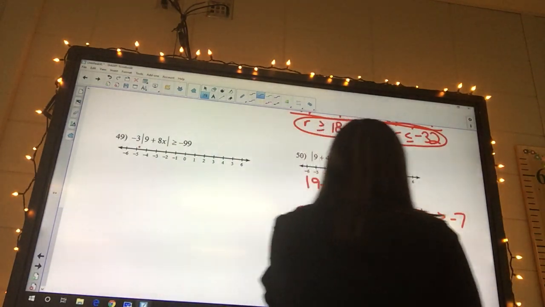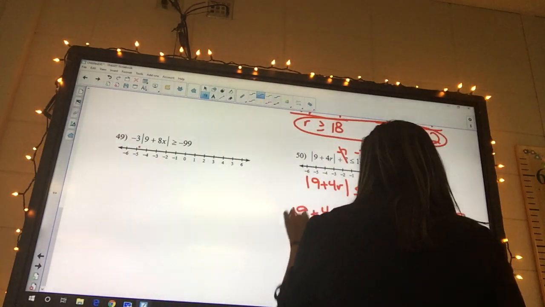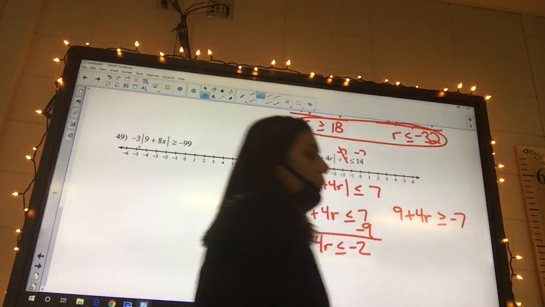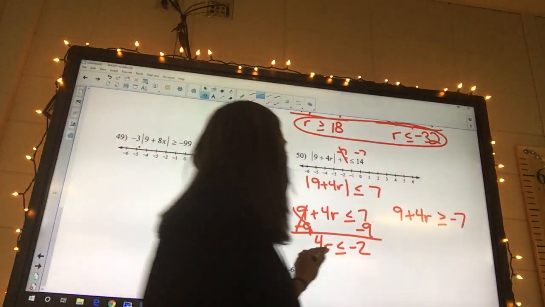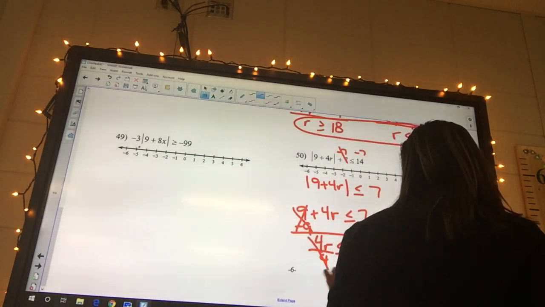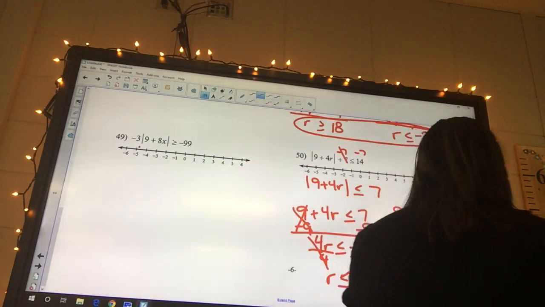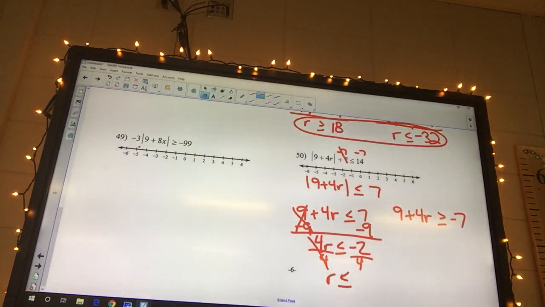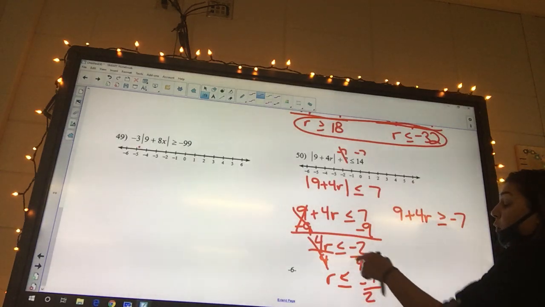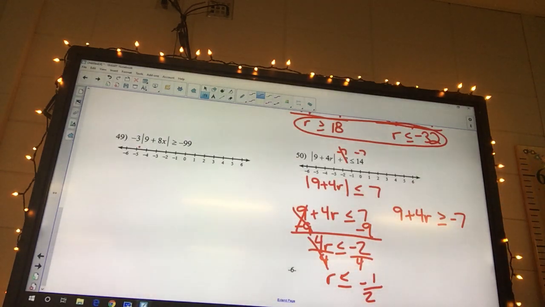Okay, so minus 9, minus 9. And then our last step is going to be divide by 4. If you type it on your calculator, you're probably going to get 0.5. Some of you, if your calculator's set up right, might get a fraction. So it's going to be 1 over 2, or I will accept negative 2/4. You got that far, I'm good with it.